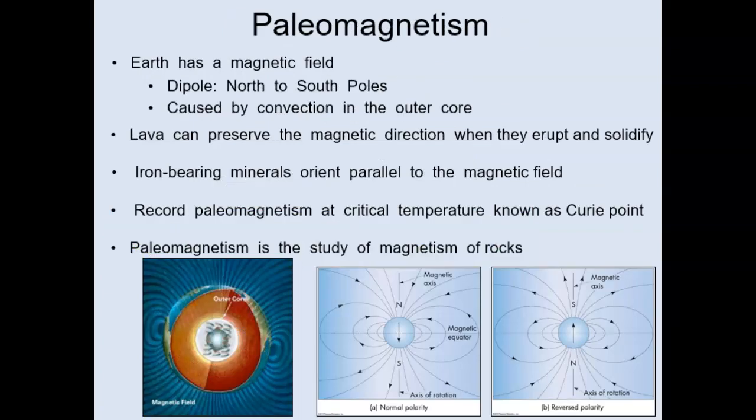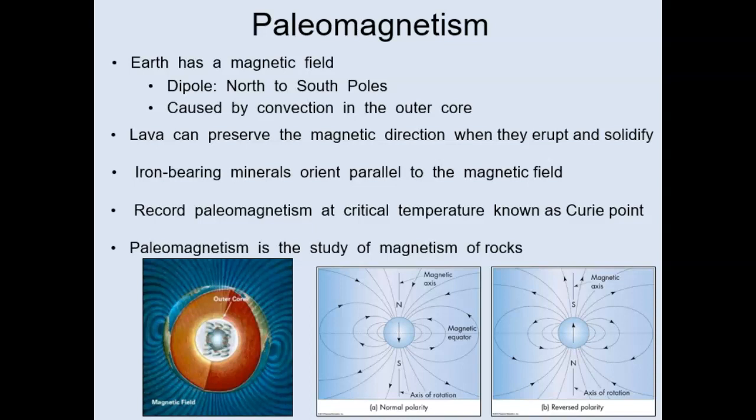Earth's magnetic field has a north magnetic pole and a south magnetic pole. The magnetic field is caused by convection in the outer core, okay? So the outer core is what's causing the magnetic field, basically. Today, these magnetic poles roughly align with the geographic poles that are located where the Earth's rotational axis intersects the surface.